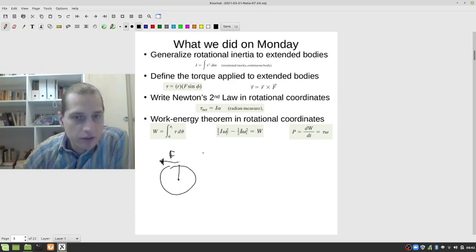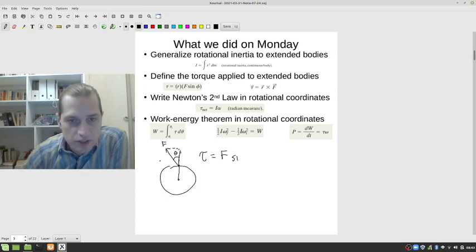So the torque was the component of the force, let's say we have this force at an angle, that's along the direction of that spinning.